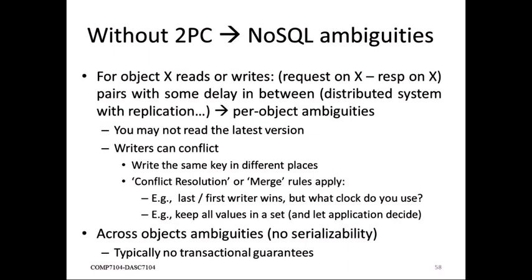And in particular, when we talk about per object ambiguities or problems, you have to understand that we talk about read and write operations over the same object. Since this is a distributed system with replication, read or write requests and read or write answers cannot and should not be seen as instantaneous.